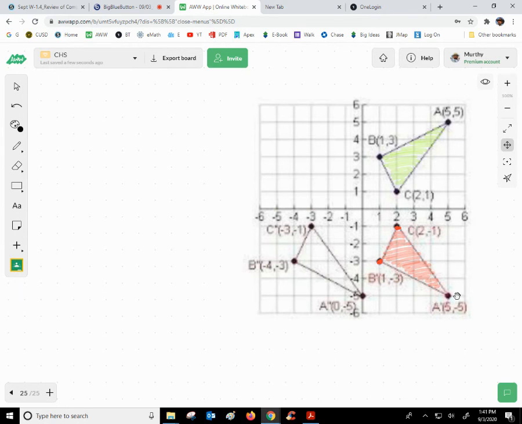Oh my gosh, I'm sorry friends, this is the original, because A, B, C are given. I'm sorry, my eyesight is really bad.